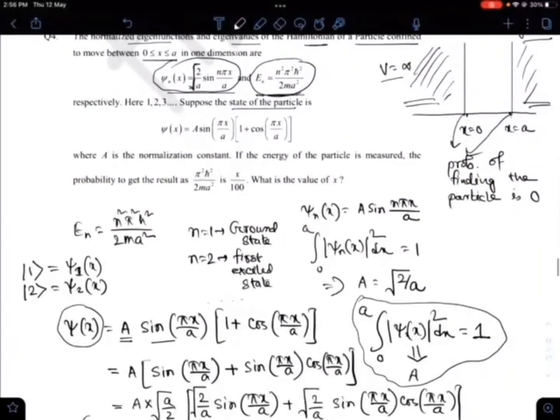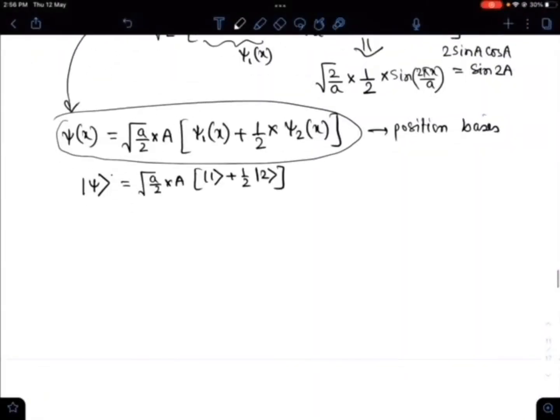So now we can find a very easily. What is the process? We know <psi|psi> should be 1 because of normalization. So we can write a into a by 2, and this psi would be |1> plus half |2>, and from the second term we will get <1| plus half <2|.